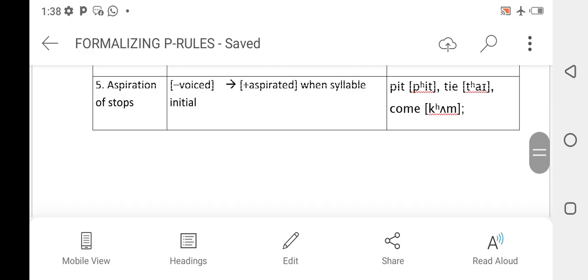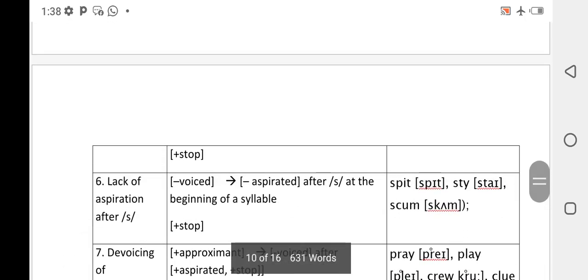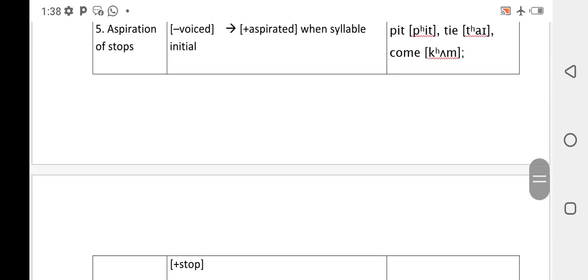So a voiceless stop becomes aspirated when at the syllable initial position. Remember the rule says it has to be followed by a stressed vowel.